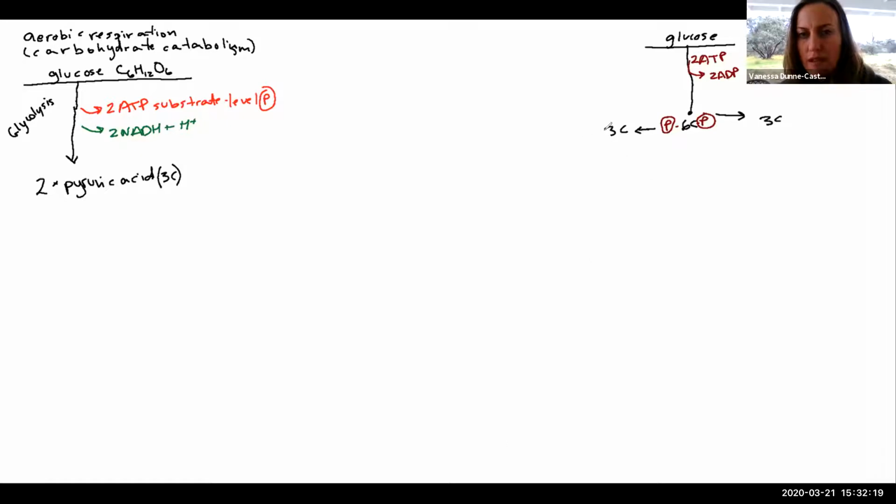Both of these have a phosphate on them. And then from here we have our 2 linear pathways to generate our 2 3-carbon pyruvates, one of them here and another one here.